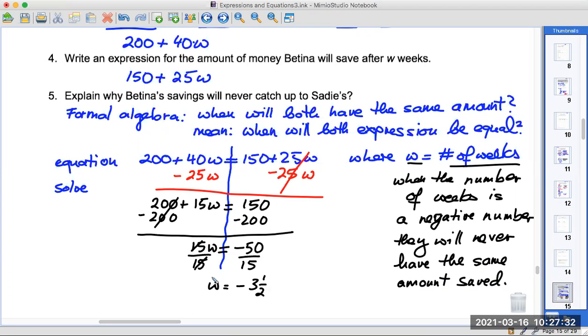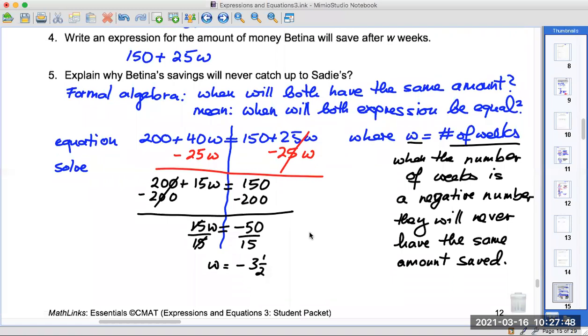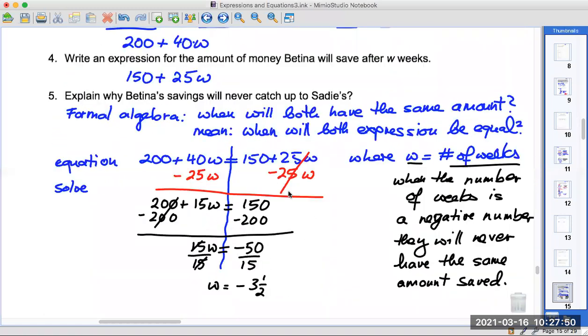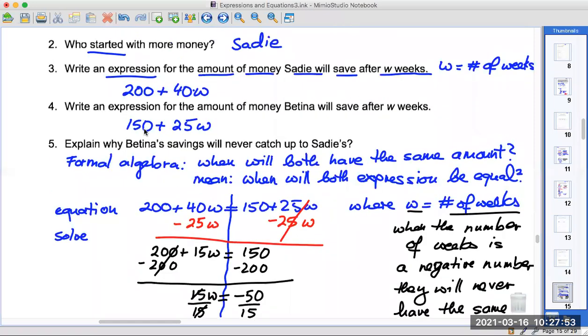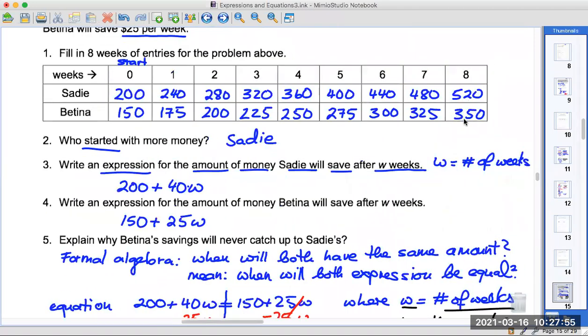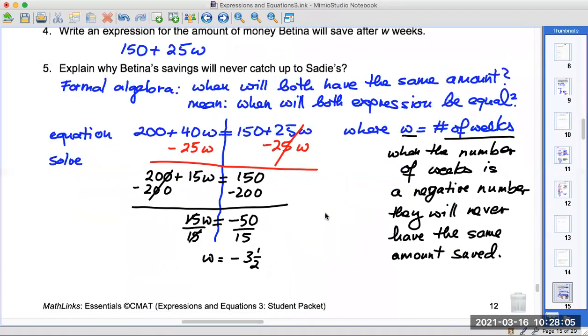Okay, so the reason is because our variable is a negative answer. W means the number of weeks they need to save to have the same. It makes no sense to have a negative number of weeks in the context of our problem. Therefore, that will never happen. This is formal algebra. You can also say that she's always going to be behind because she only saves $25 and Sadie saves $40. So there's no way she's going to catch up. But this is the proof. The formal algebra is the proof.